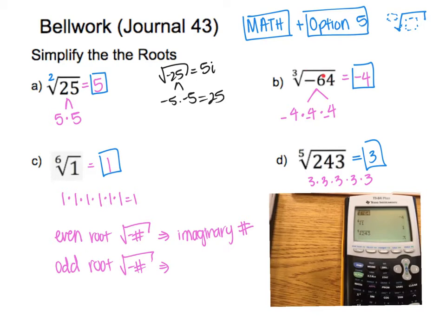Well, you can take the cube root of it because there's an odd number of negative signs, which is what causes it to be negative inside. When you multiply a negative 3 times, you're always going to get a negative out here. Or when you multiply an odd number of negative numbers, you're always going to get a negative number. So it turns out when you have an odd root with a negative number inside, it's just going to give you a negative number. Okay?